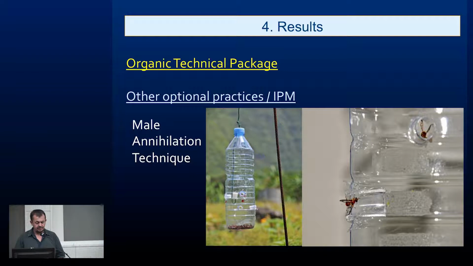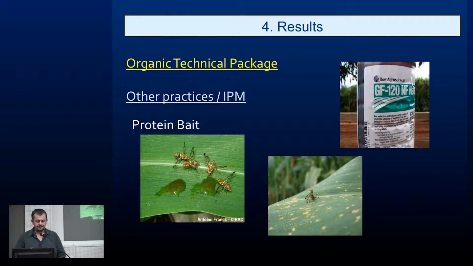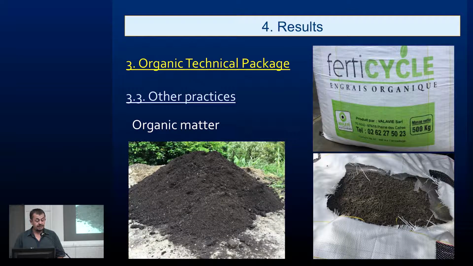This technique doesn't use insecticide at all, only parapheromones that attract the males of certain species. And we can also use protein baits that kill adult fruit flies if necessary. And of course, we have to take care of the health of the soil by using amounts of organic matter.